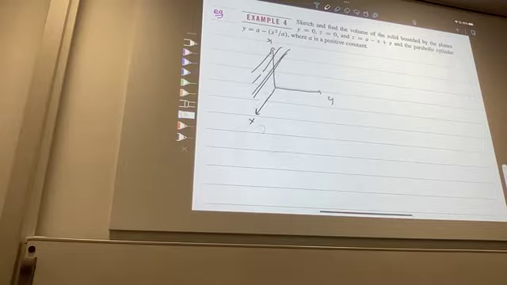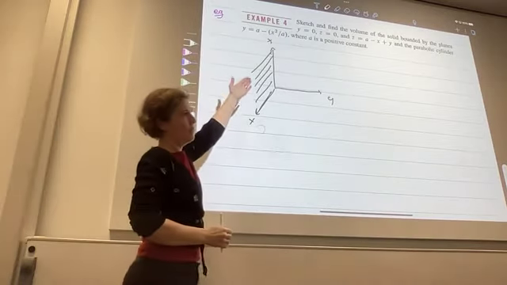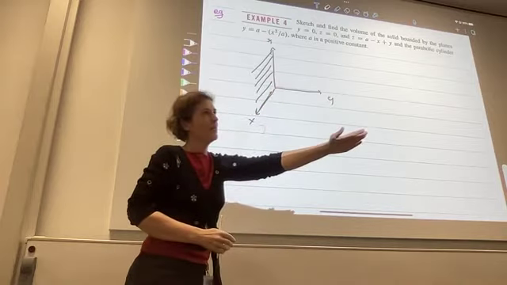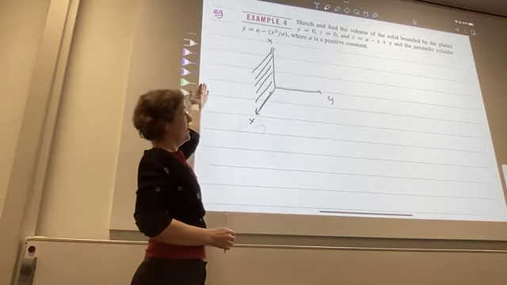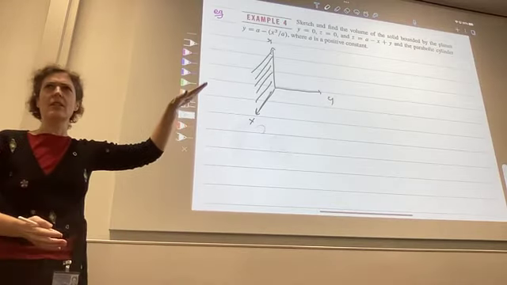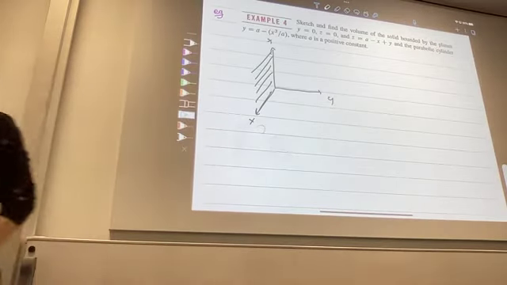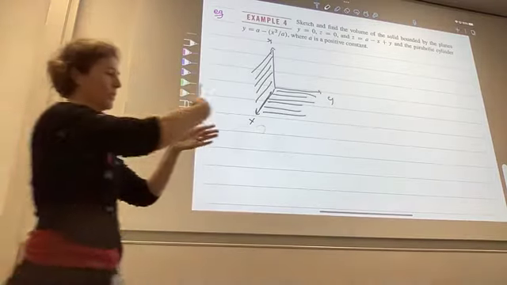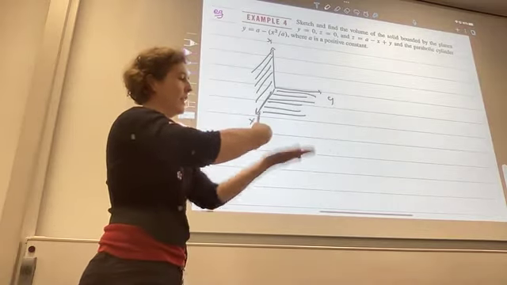There's also the negative bit, I'm just not showing it because it gets too complicated. So we know it's everything bounded either on this side or that side. At the moment, we don't know. z is equal to naught, which is that? The xy plane. Okay, so we've got this plane and this plane.